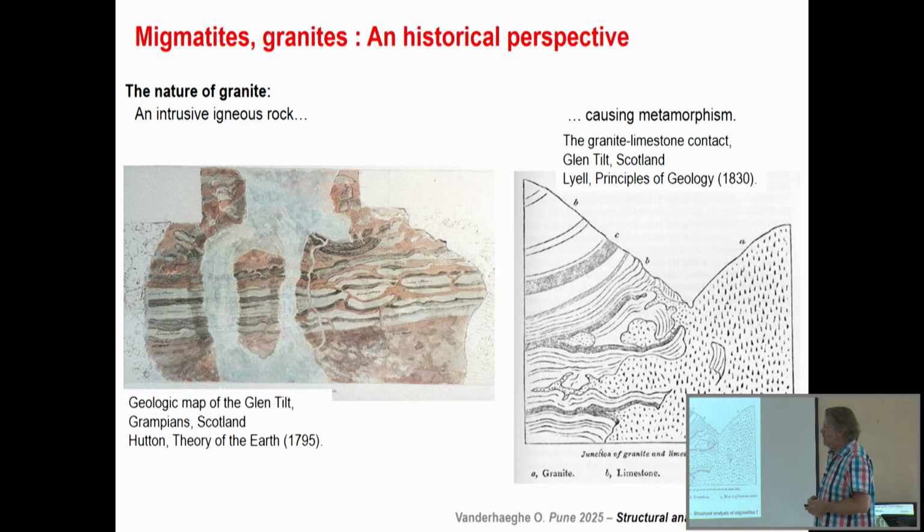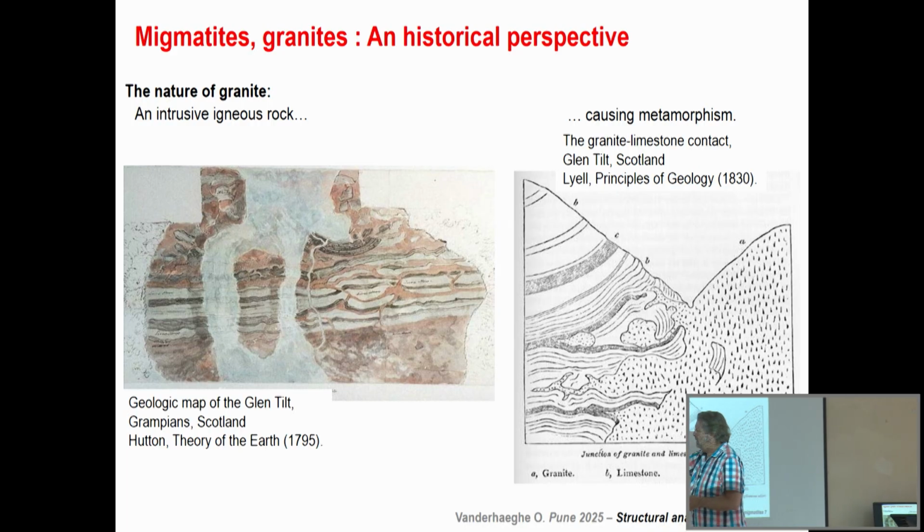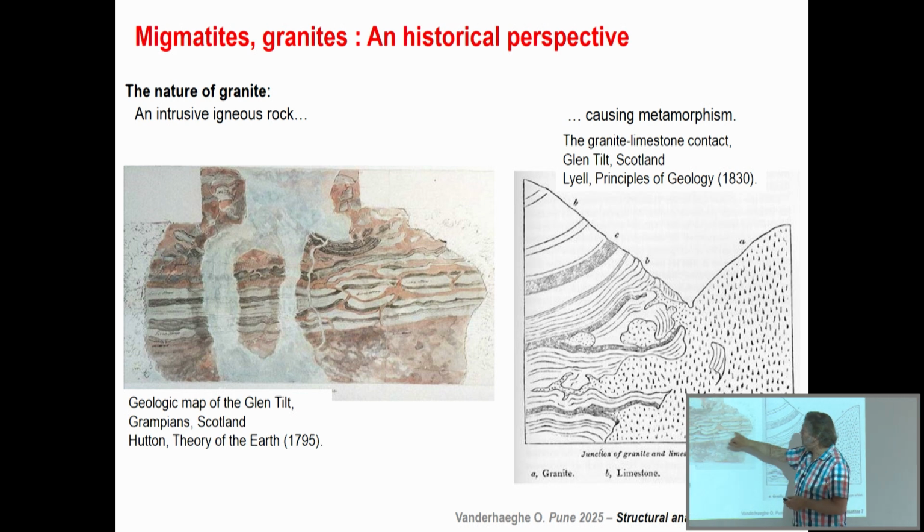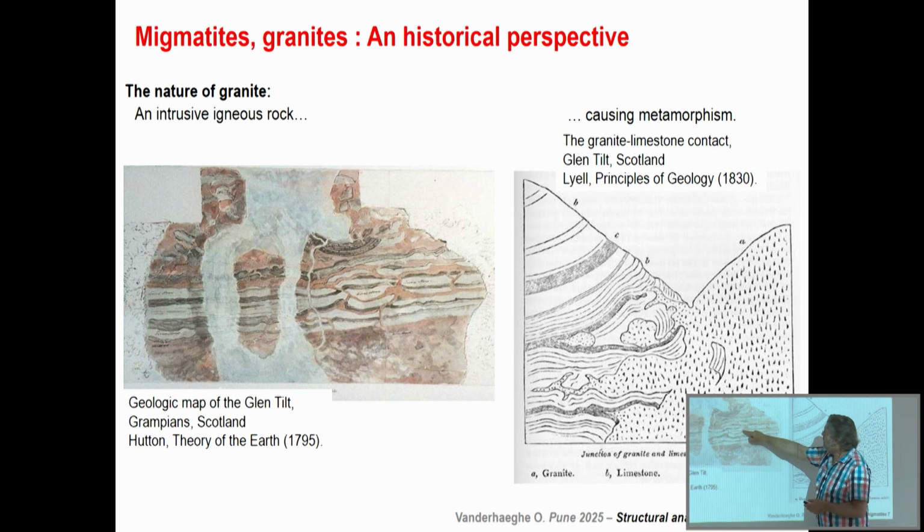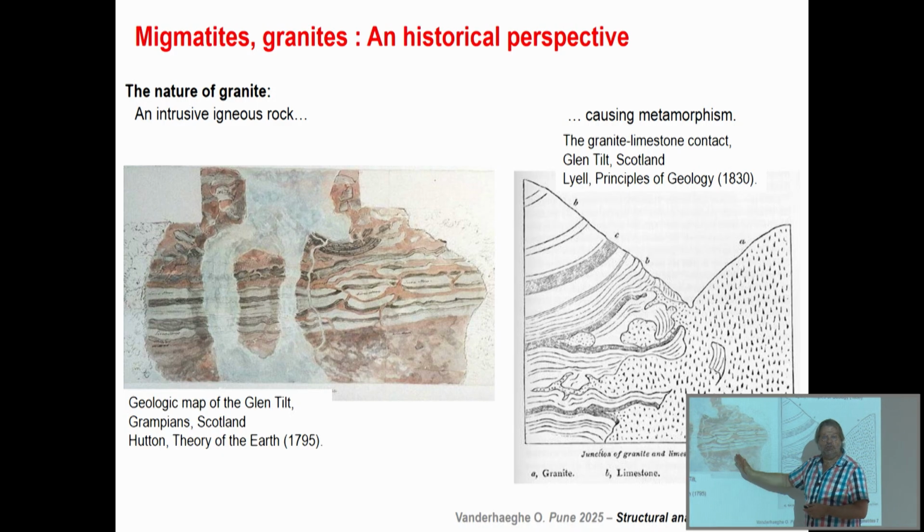So what Hutton added, he said, but look here in Scotland. Here are the sediments stratified. And the pink stuff is granite. It's not just underneath, it's cross-cutting. So that's the evidence for intrusion of granite into sediments.